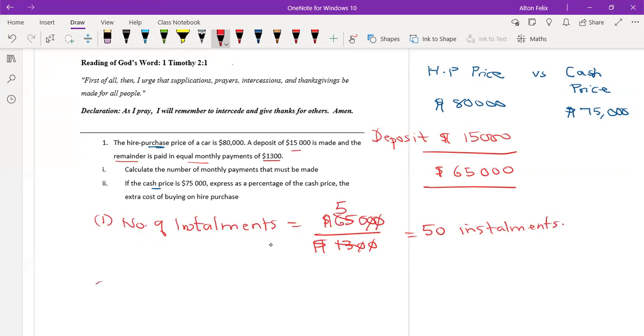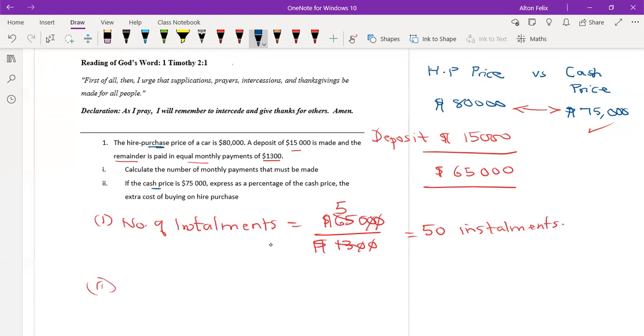Part 2. If the cash price is 75,000, we have it here. Expressed as a percentage of the cash price, the extra cost of buying on hire purchase. So the extra cost will be the difference between the hire purchase price and the cash price, which we know will be 80,000 minus 75,000, which is 5,000.